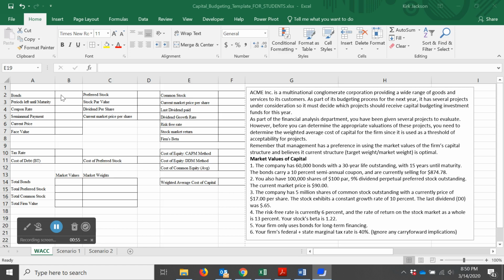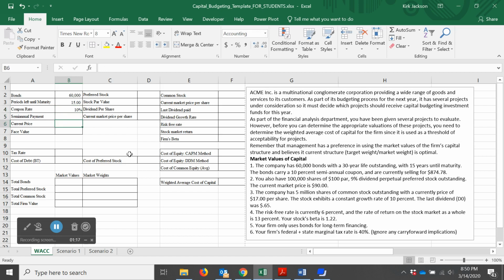bond valuation. So, there are 60,000 bonds that are outstanding. There are 15 years left to maturity. There is a coupon rate of 10%. We know that it is a semi-annual coupon, so we will need to calculate that.